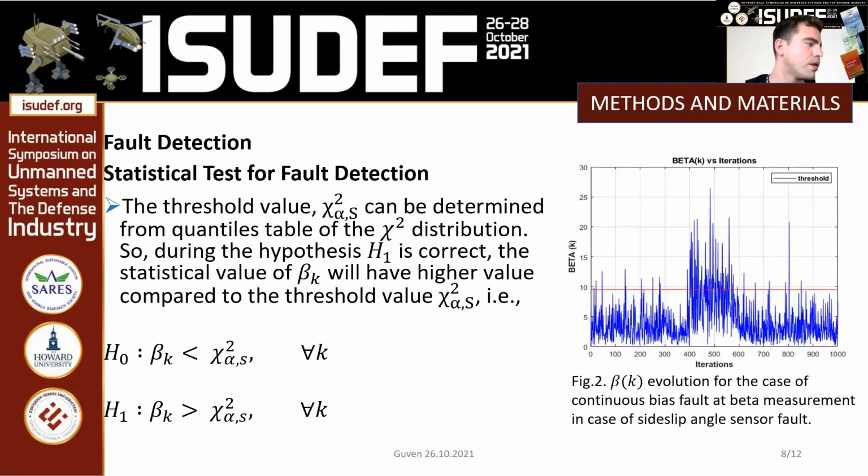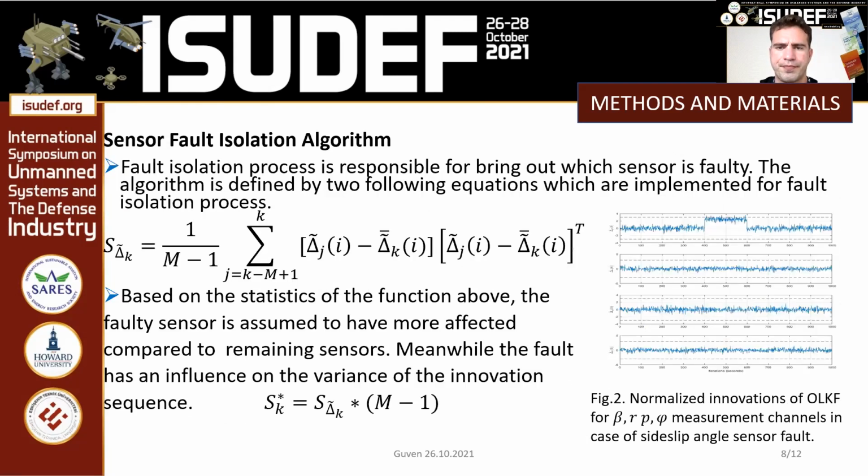You see that the statistical function value exceeds the threshold value during the time interval 400 to 600. So therefore the fault is detected firmly.